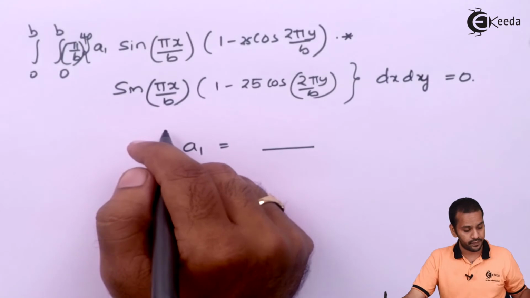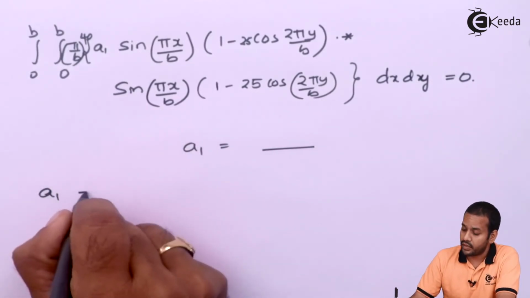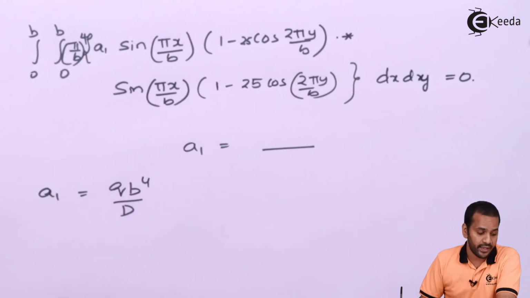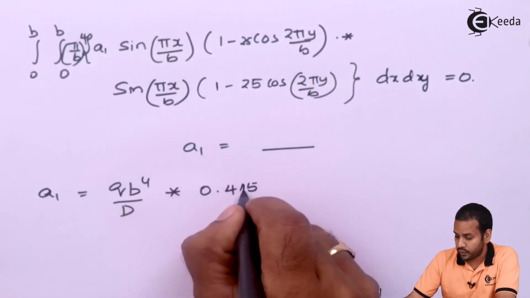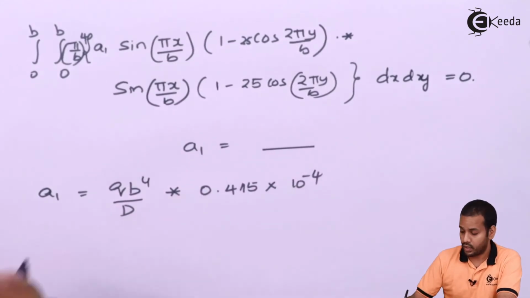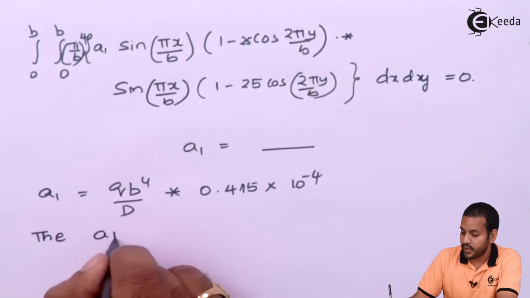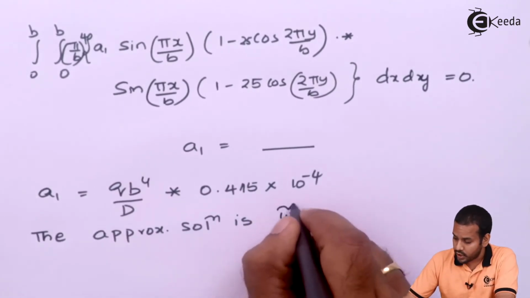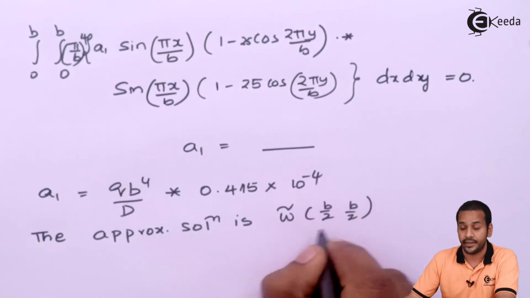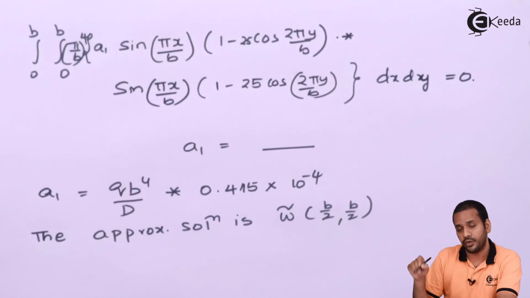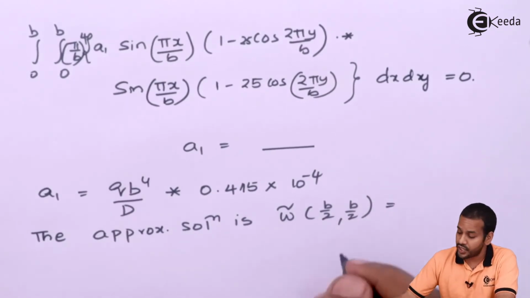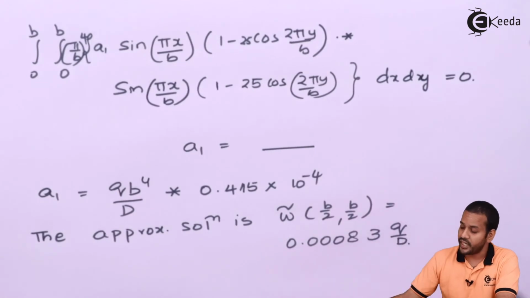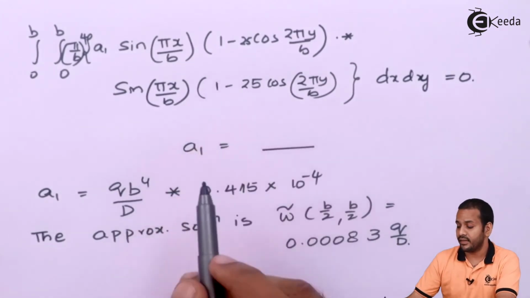Then you will get a1 equal to q b power 4 by D into 0.415 into 10 power minus 4, and the approximate solution w tilde at b by 2, b by 2, that is at the center of the 2D plate, is given as 0.00083 q by D. If you solve this integral, you will get a1.